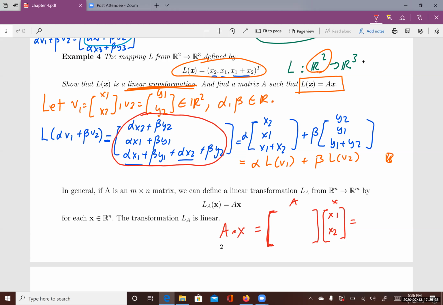And then the result will be a vector in R3, so Ax should have 1, 2, 3 entries, a vector in R3.